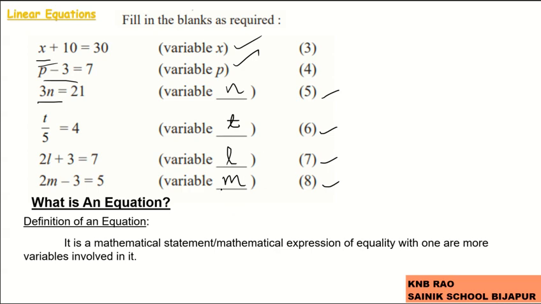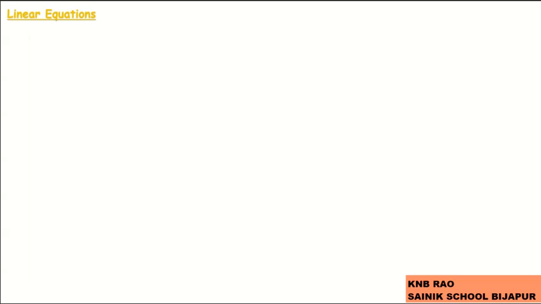This mathematical statement, or I can say mathematical expression, but compulsorily, it is containing an equality sign and containing compulsorily one or more variables. So, a mathematical statement or expression of equality with one or more variables involved is called an equation, and you have seen various examples of equations.